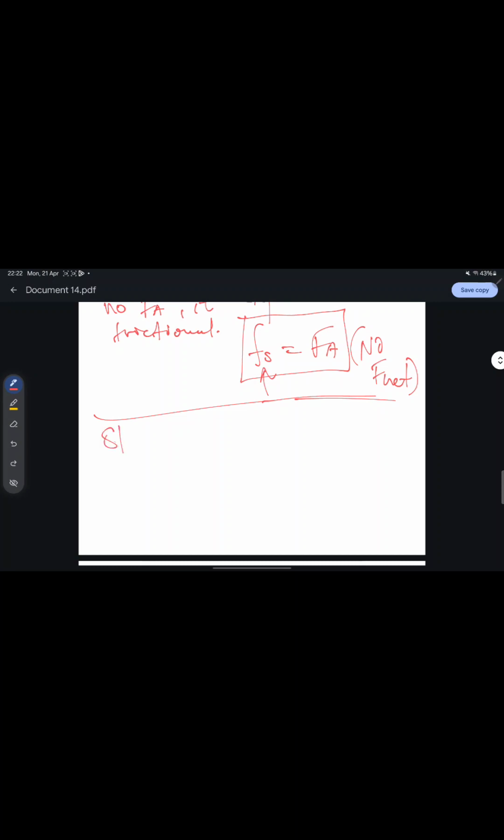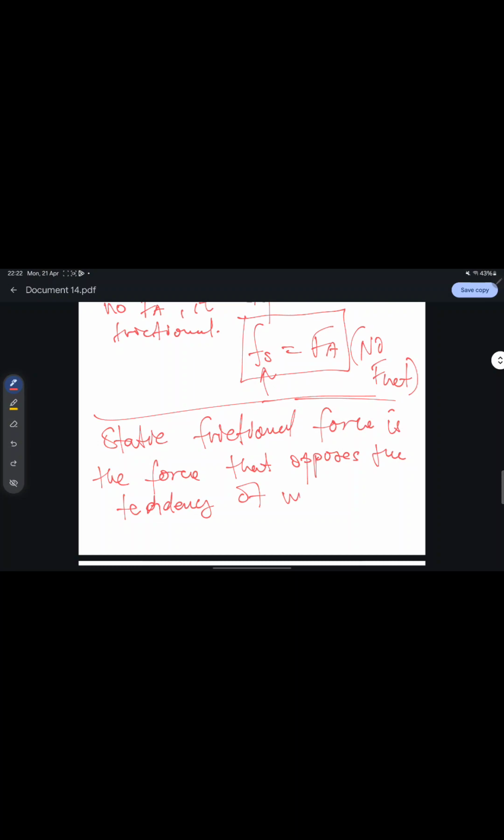You can say: static frictional force is the force that opposes the tendency of motion of a stationary object relative to the surface. This is a proper definition of the static frictional force.